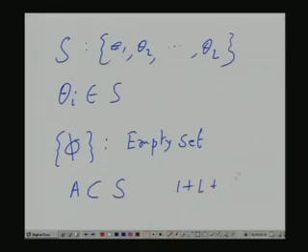Then you take 2, so how many combinations? LC2. Then LC3, and like that up to LCL. That will be nothing but the binomial expansion of (1 plus 1) to the power L, which is 2 to the power L. So, I have that many subsets.